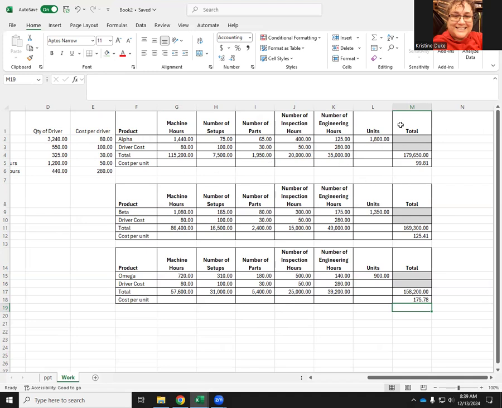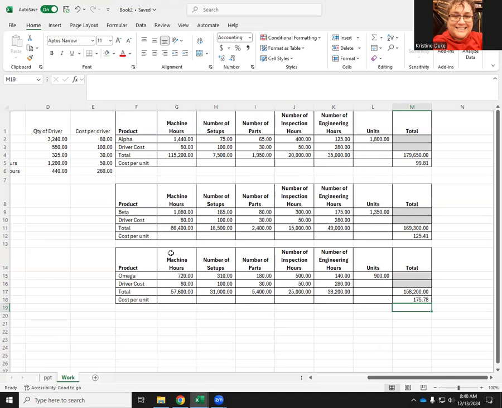And so maybe that's why this is not costing as much. Whereas maybe this beta product is not as old as alpha, but it's still been around. And then this one is new. Omega's new. And so you're going to have more glitches and more issues, and you're going to have more numbers of setups, 310, you can see 165.